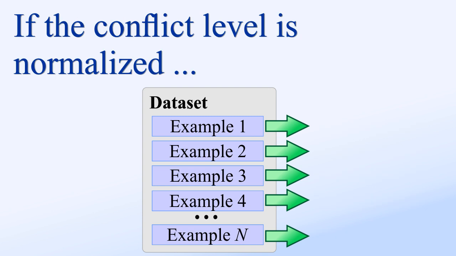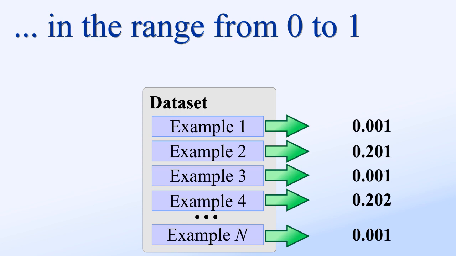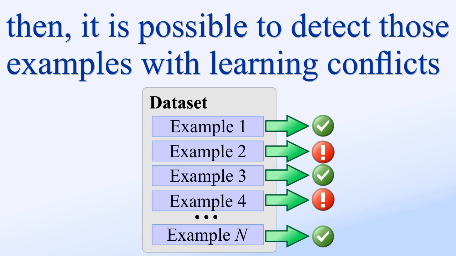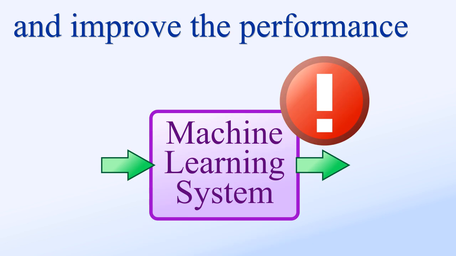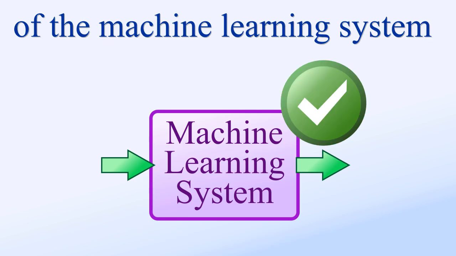If the conflict level is normalized in the range from 0 to 1, then it is possible to detect those examples with learning conflicts and take actions to remove them and improve the performance of the machine learning system.